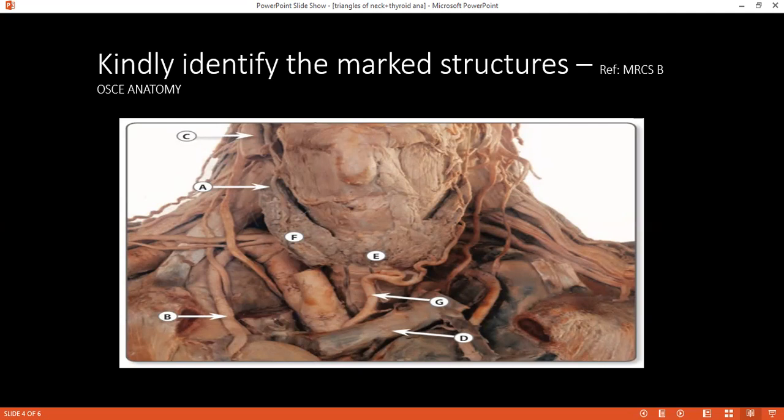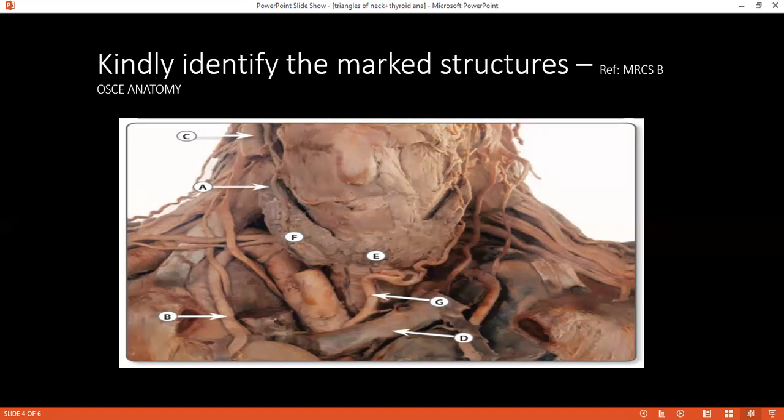The venous supply: superior thyroid vein and middle thyroid vein, which drain into the internal jugular vein, and the inferior thyroid vein, which drains into the left brachiocephalic vein. The lymph node drainage is to the prelaryngeal, pretracheal, paratracheal, and upper and deep cervical lymph nodes.